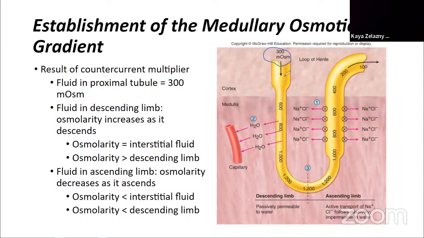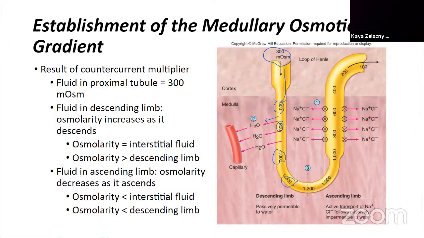But as we move into the medulla, which has higher osmolarity, the fluid is increasing in osmolarity because as you take water out of that fluid, you're leaving behind a bunch of solutes, right? If we're only moving water out of the descending limb, that's essentially concentrating the sodium ions that are left in the fluid, increasing that osmolarity in the descending limb.